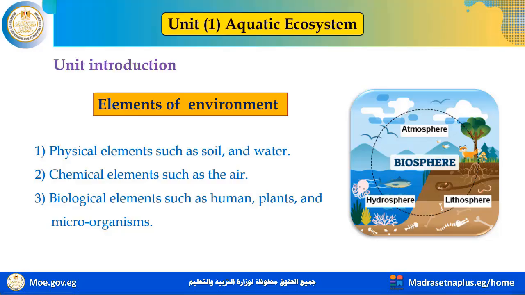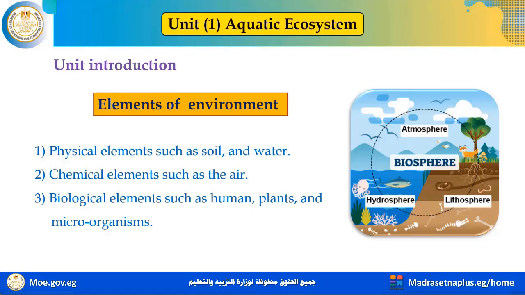Biological element, such as humans, plants, and microorganisms. And actually, I want you to go back to number 2, chemical element such as air. It's called chemical because the air consists of different elements such as oxygen and nitrogen and compounds such as carbon dioxide, and all of these are chemical substances.